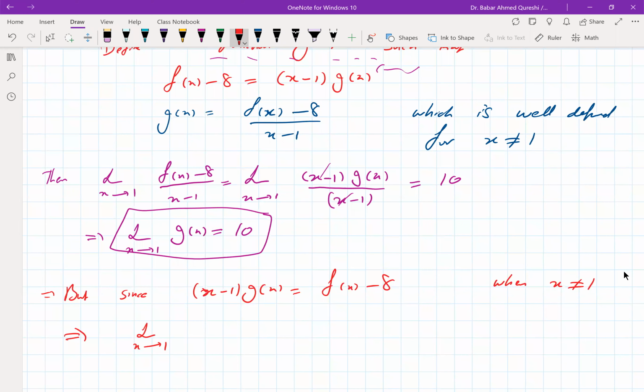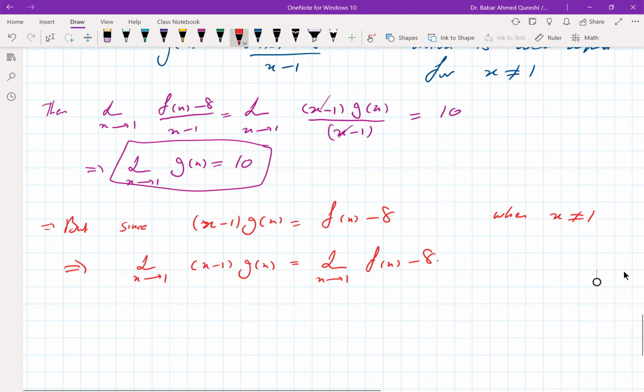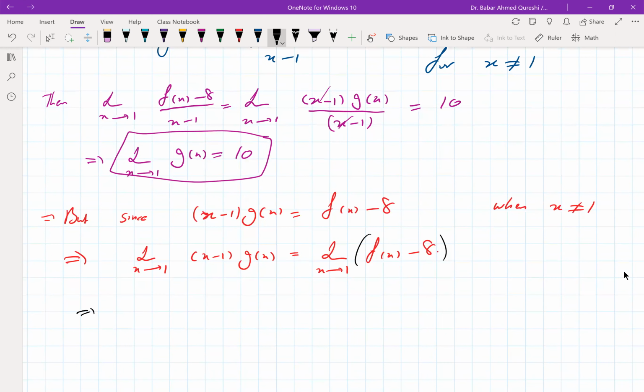This implies, and that means this limit can be computed by finding these limits.